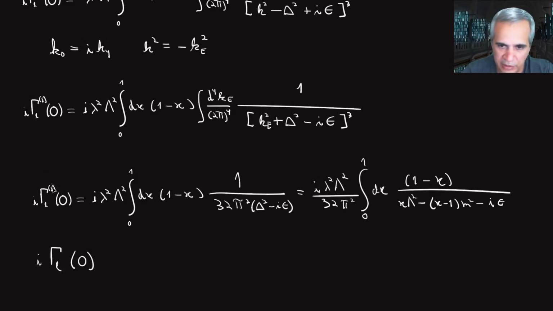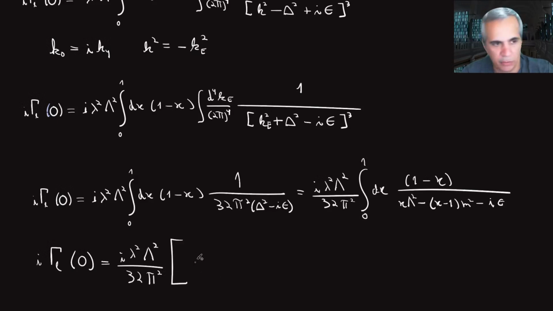I actually don't need this label here for this function. It was defined without it. This is just i lambda square, capital lambda square over 32 pi square times a complicated expression. Let me put it here.